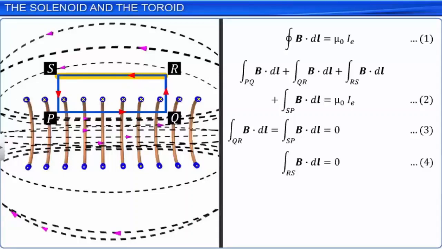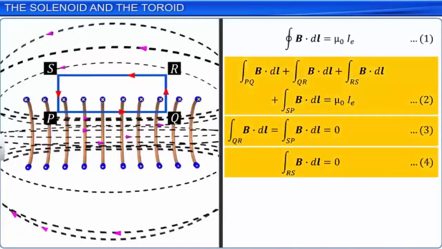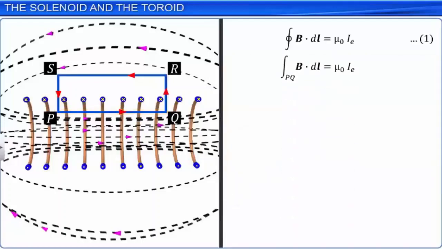On substituting equations 3 and 4 in equation 2, we get integral over PQ B dot dl is equal to mu naught IE. Inside the solenoid, the line segment PQ of the loop is parallel to the magnetic field due to the solenoid. Thus, the angle between the line segment PQ and the magnetic field is 0 degrees and cos 0 degrees is equal to 1.